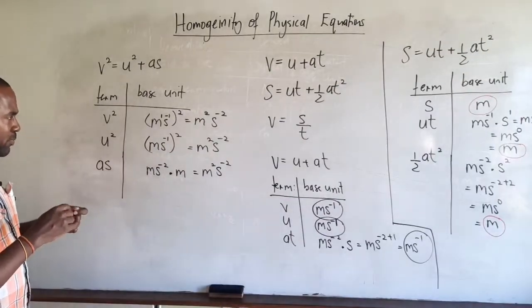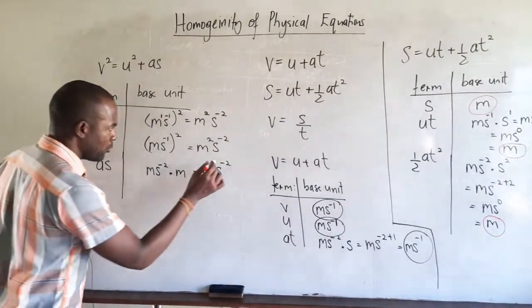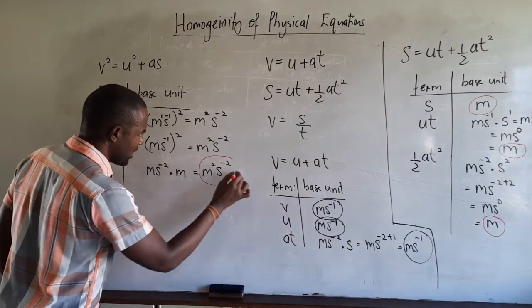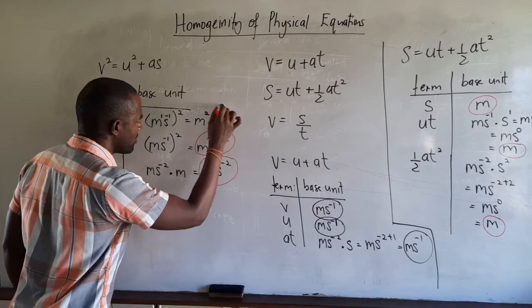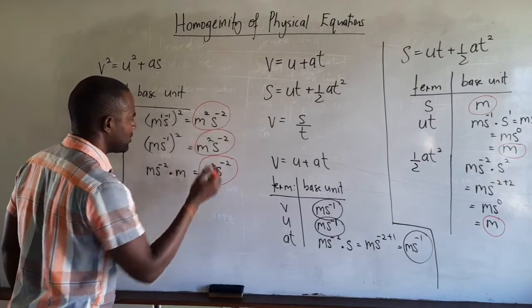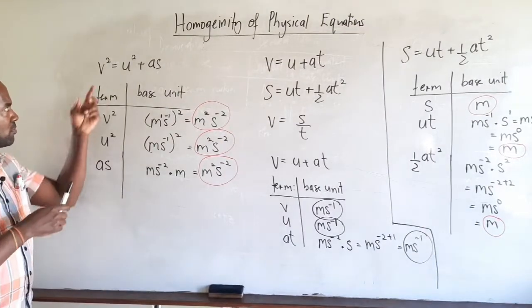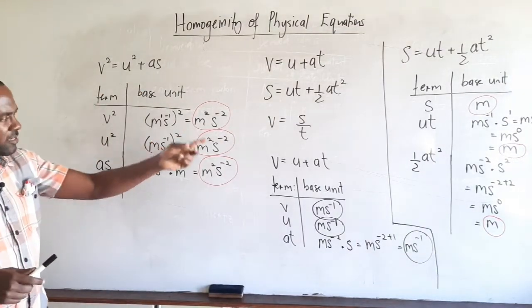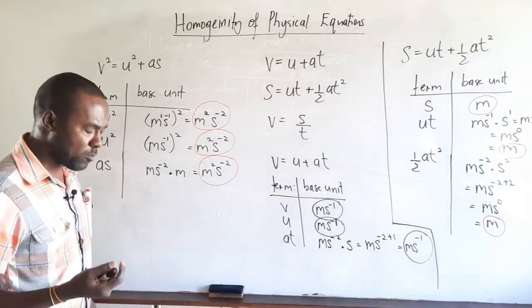Now, having expressed each term in terms of their respective base units, we'll compare them. So we have meter squared per second squared, meter squared per second squared, meter squared per second squared. And so what we observe is that each term has identical base units, and therefore the equation is indeed homogeneous.